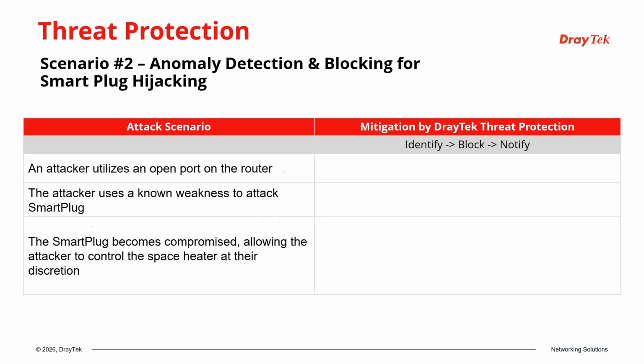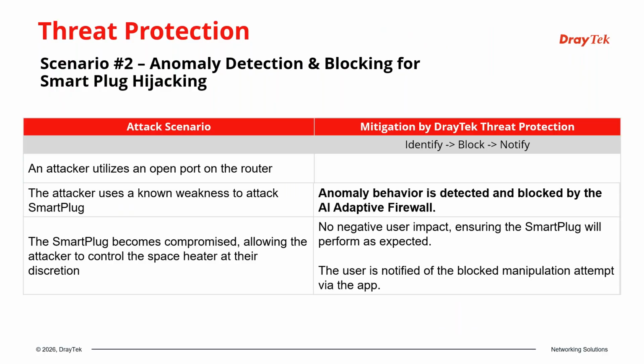The second scenario is anomaly detection and blocking for a smart plug hijack. So this is a situation where the attacker utilizes an open port that's been left on the router and has a known weakness in the smart plug, so it's a vulnerability, and then the smart plug would be compromised.